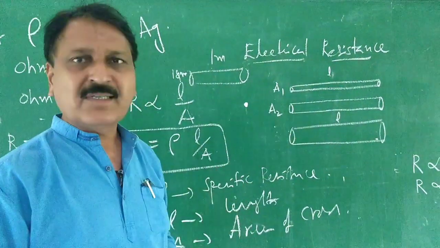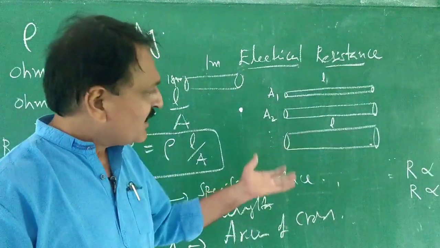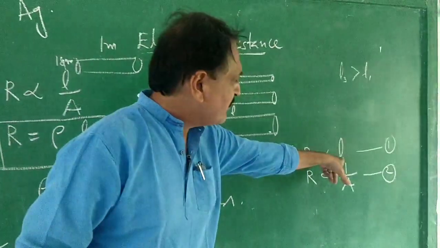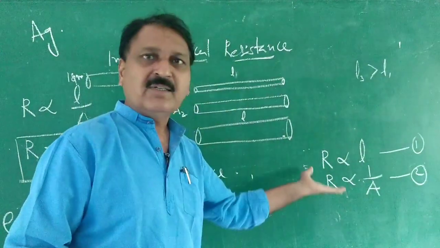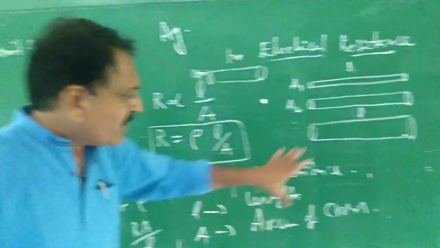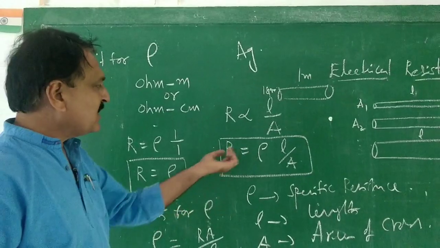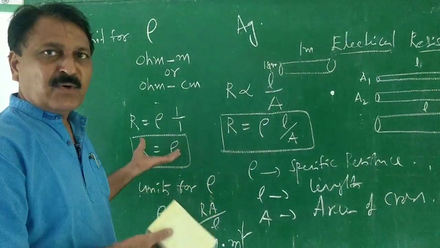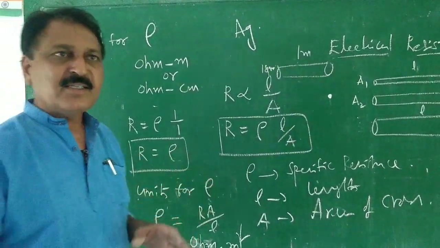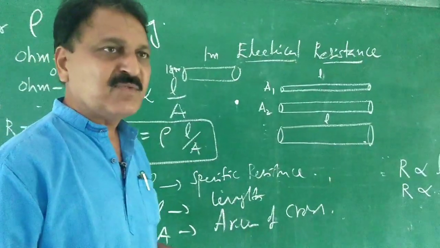The unit for resistance is ohm. It depends upon length and upon area of cross section. From this, you can find one more quantity called specific resistance. I told you already how to understand specific resistance. So this is about resistance and specific resistance.